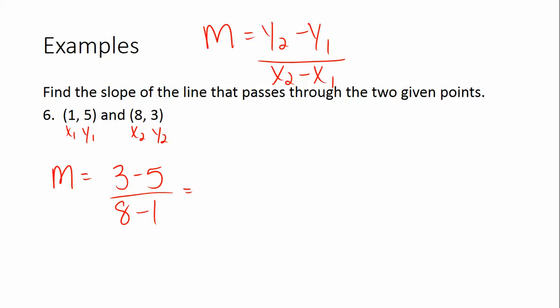I always try to remind students, start with the second ordered pair, put those numbers in first, y on top, x on bottom, then subtract the y and the x from the first ordered pair. So that's negative 2/7. That doesn't reduce, so the slope is negative 2/7.